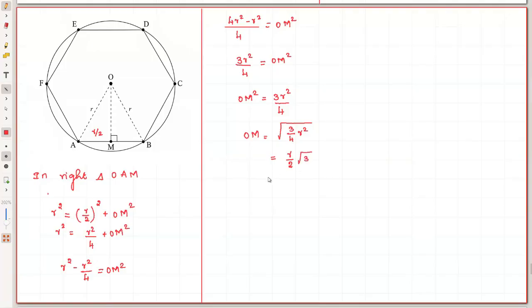Root 3 is inside. So OM is root 3 by 2 R. Therefore, the distance from the center to the chord is equal to root 3 by 2 R.